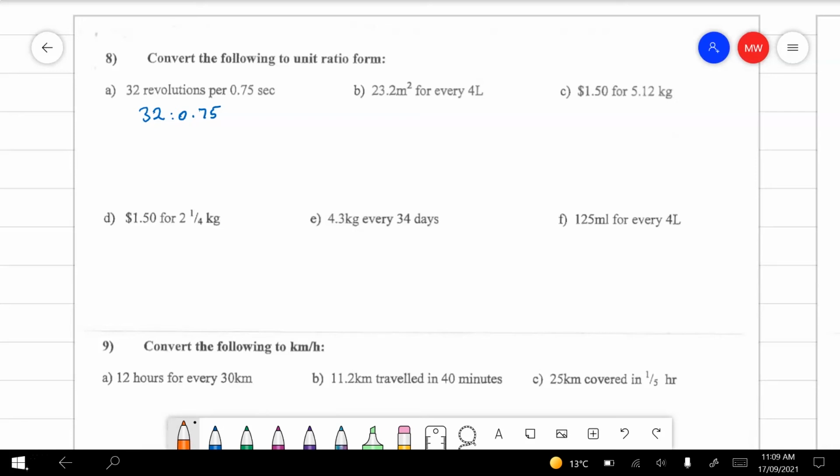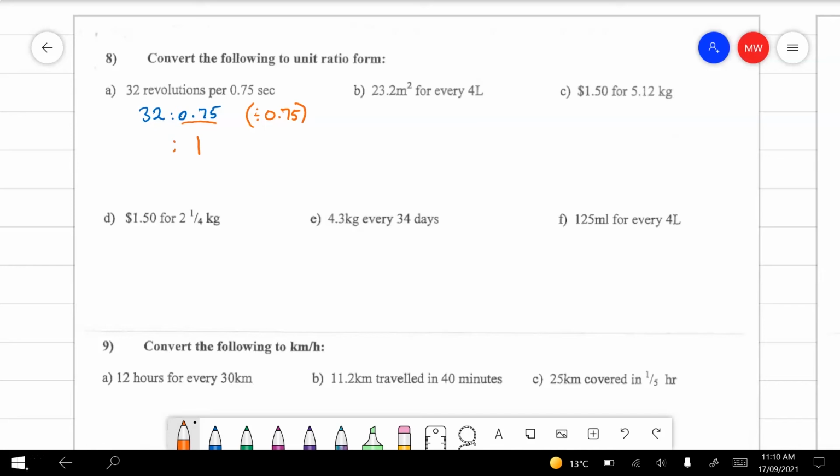Take the thing that you want to turn into a single unit, because I want it to be revolutions per second, and divide the other number, or divide them both really, by the one that you want to make the unit. Okay, so in other words, I want that one to become 1.